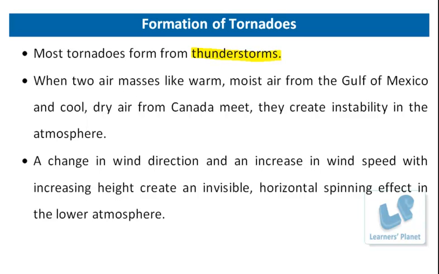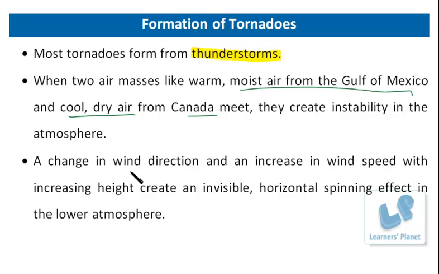When two air masses meet, like warm, moist air from the Gulf of Mexico and cool, dry air from Canada, they create instability in the atmosphere. And so thunderstorms arise, which increases the formation of tornadoes.